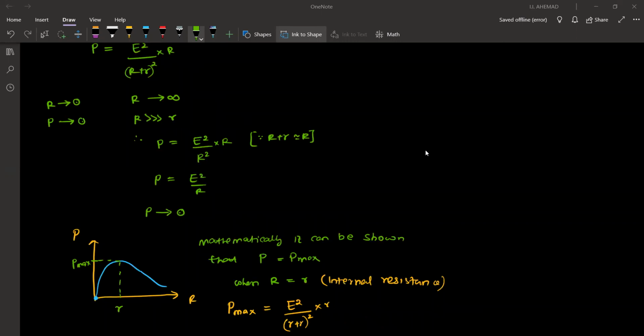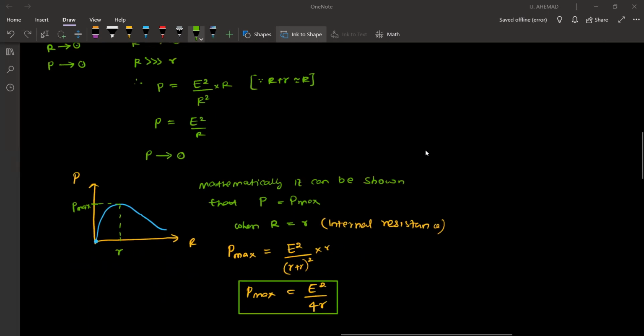So starting from 0 and ending at 0, somewhere in between it should have a turning point. That turning point will be the maximum value because it cannot go beyond that. Mathematically, it can be found that the turning point happens when the external resistance is equal to the internal resistance. So that is the maximum power dissipated.